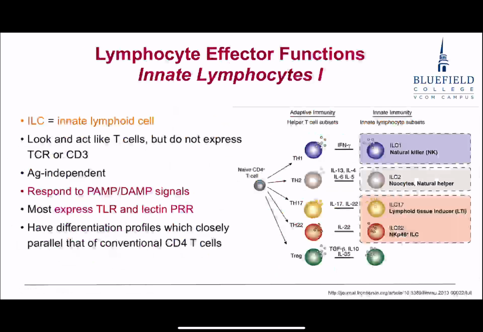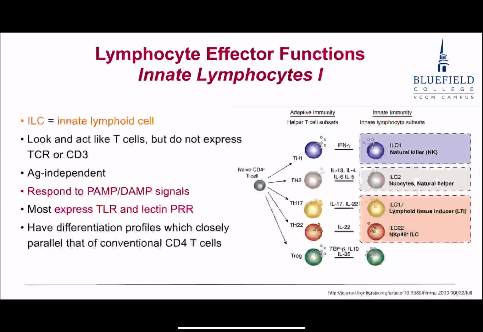All right, we've touched on ILC, so the innate lymphoid cell, a little bit, but we haven't maybe talked about them in much detail, so we've got a couple slides on that. So these are innate cells. They do not express CD3, they do not express TCR, they do not go through any of that lymphoid development that we talked about, so they are innate cells.